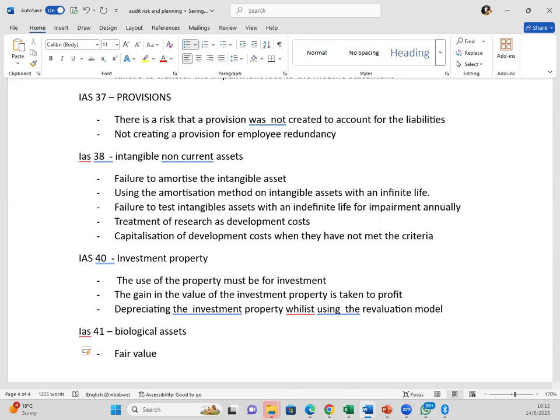So there is a danger in determining the fair value. There is a risk that the wrong fair value can be used.